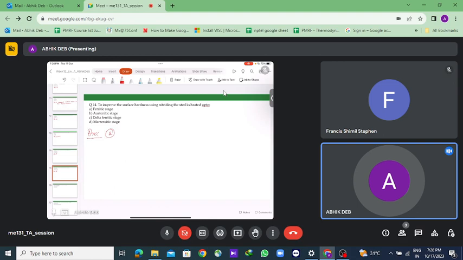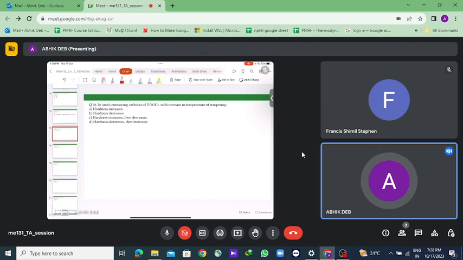In steels containing carbides of vanadium, tungsten, chromium, with an increase in the tempering temperature, does the hardness increase, decrease, increase then decrease, or decrease and then increase? Can you give me the answer?